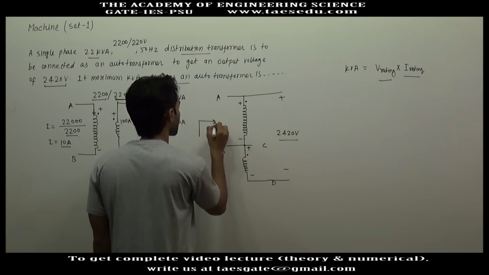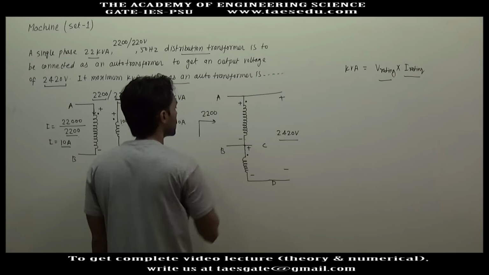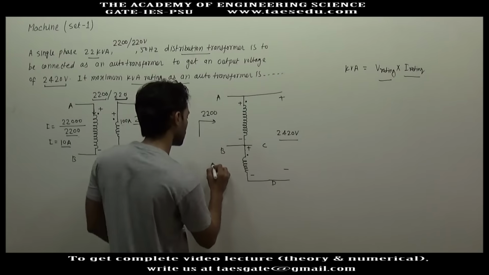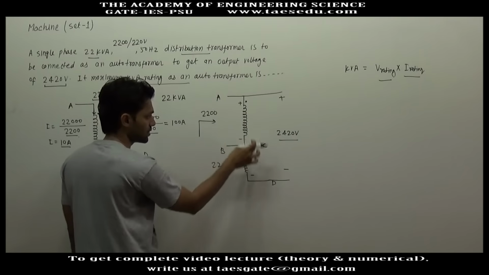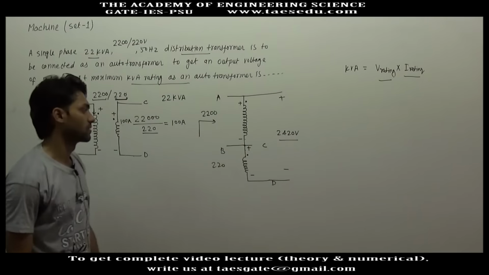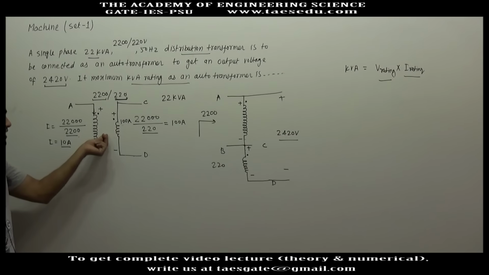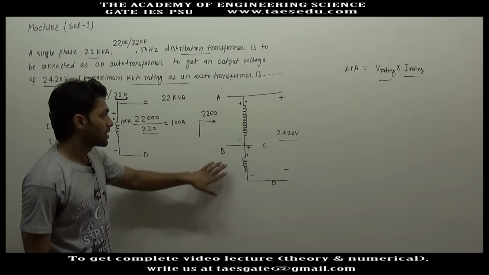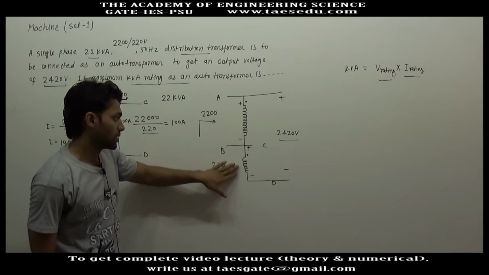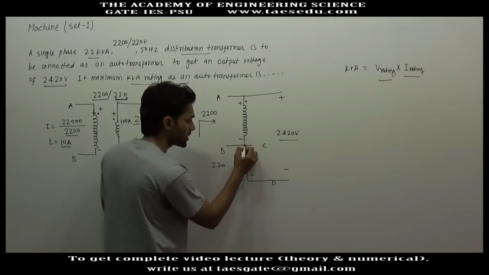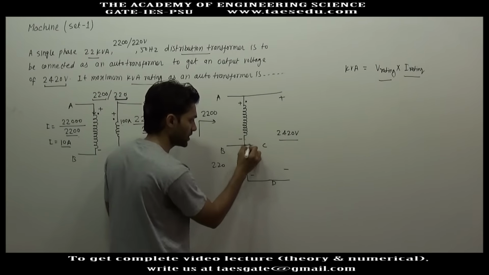When you apply maximum voltage of 2200 here, the voltage across the other winding will be 220, because these two windings are coupled. In the two-winding transformer you have only magnetic coupling of windings. In the auto transformer, along with the magnetic coupling, you have an electrical connection between the windings.